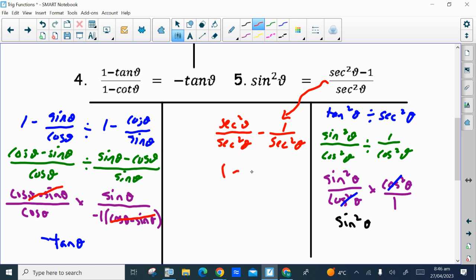So that's asking for the reciprocal of sec squared theta, which is cos squared theta. And from the original Pythagorean identity, 1 minus cos squared theta is sine squared theta. So that's another way we could have worked down that right side to get sine squared theta. Sometimes there is more than one way to do these.